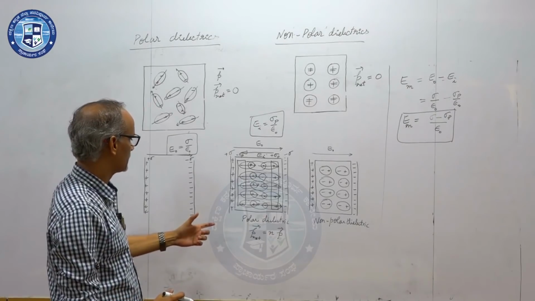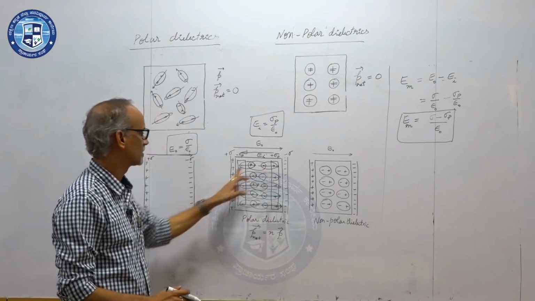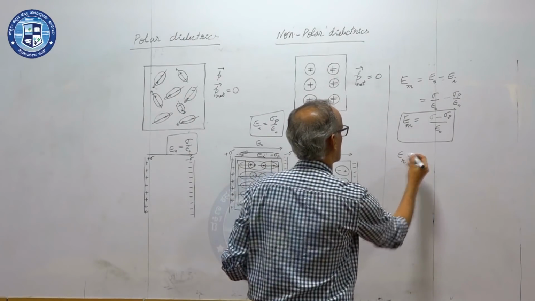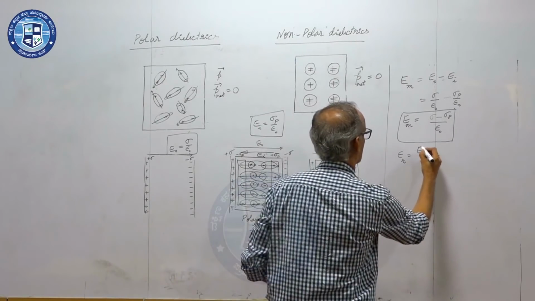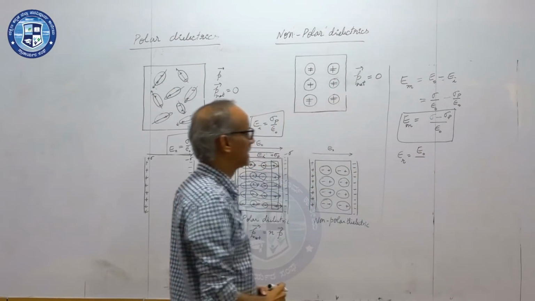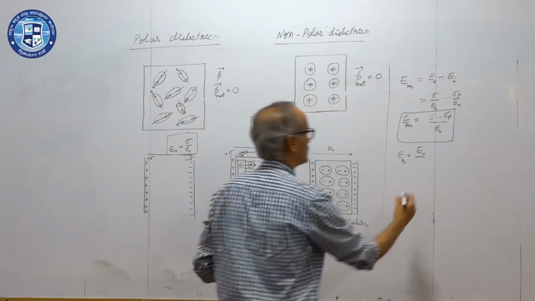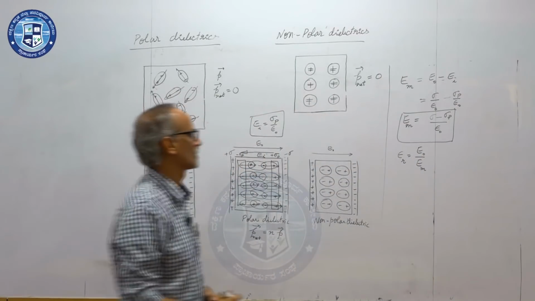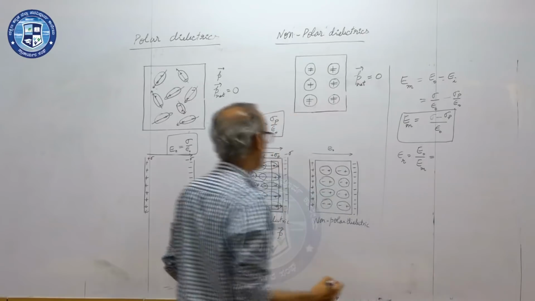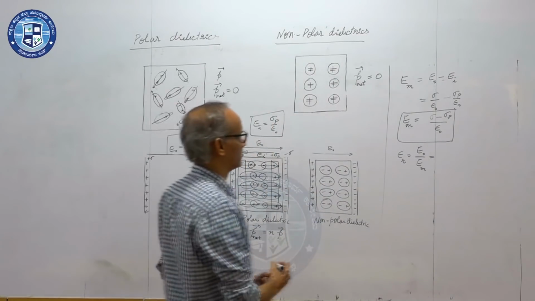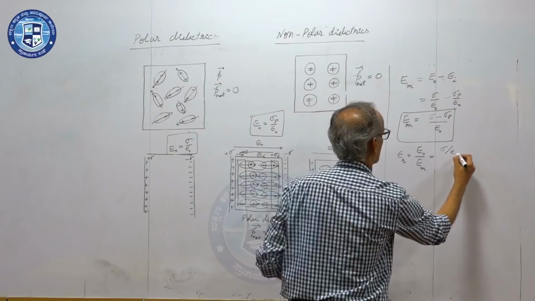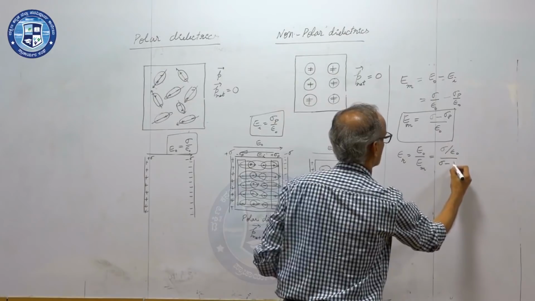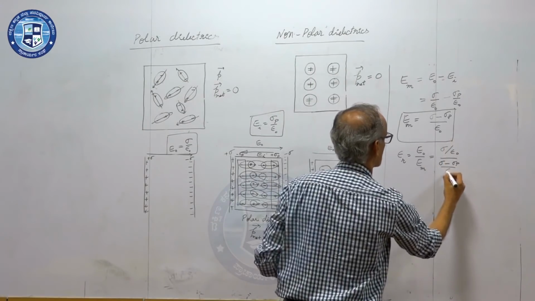We can even find the value of the dielectric constant here, which is given by epsilon r, equal to the ratio of the electric field without the dielectric to the electric field in the presence of the dielectric. That is E naught, sigma by epsilon naught, divided by E m, sigma minus sigma p by epsilon naught.